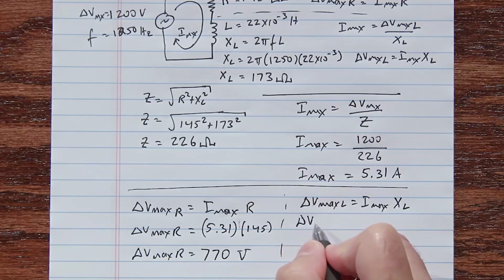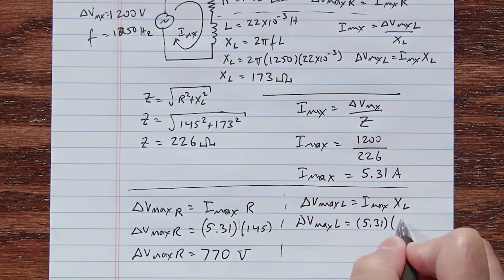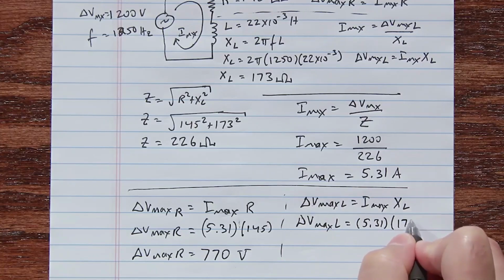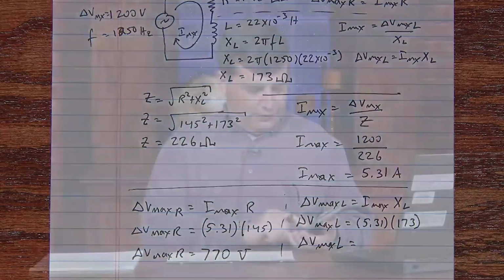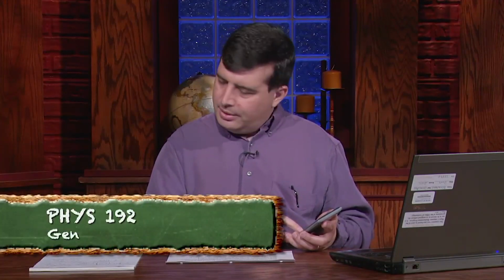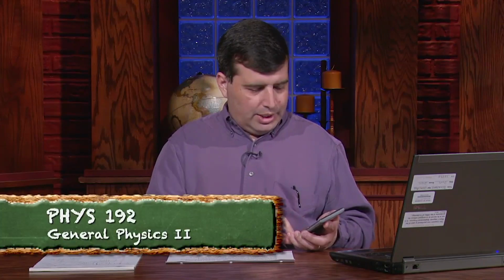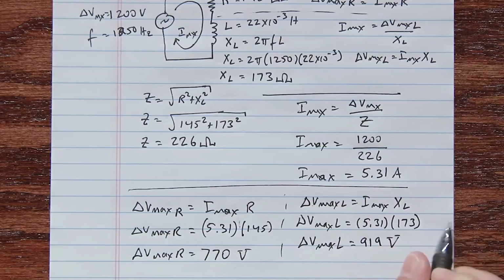So delta V max L is equal to the same current, 5.31, times the inductive reactance of 173 ohms, which gives us 919 volts.